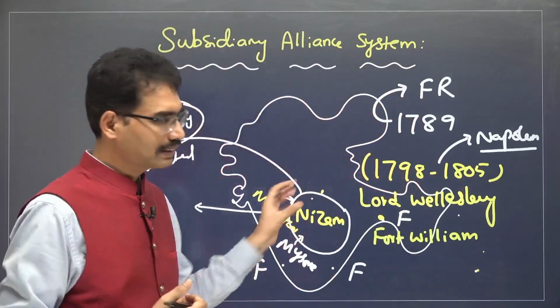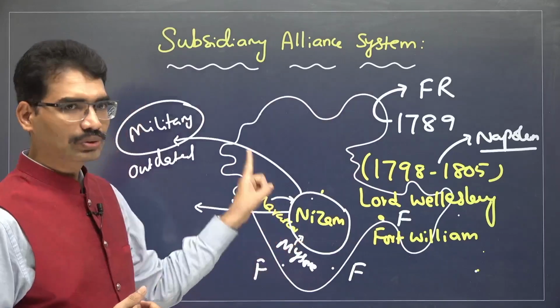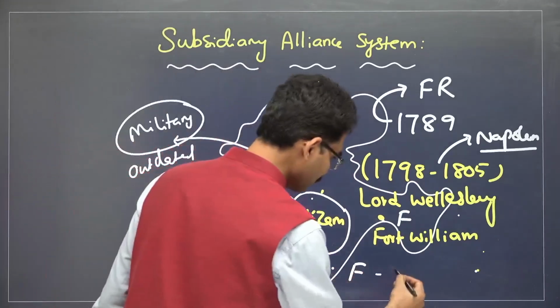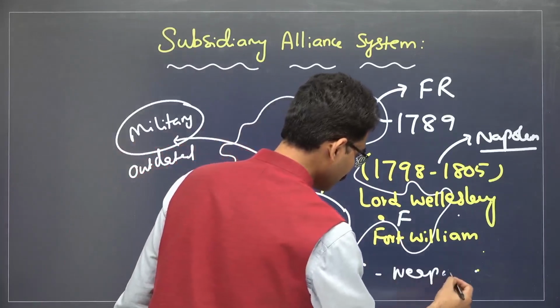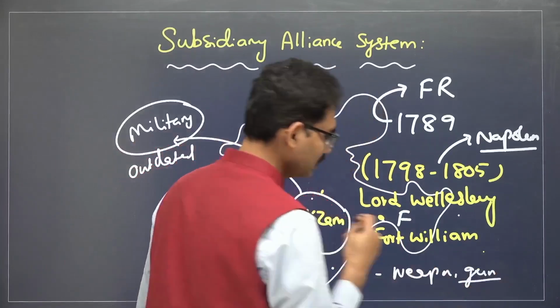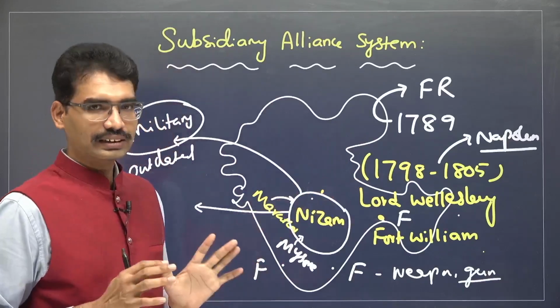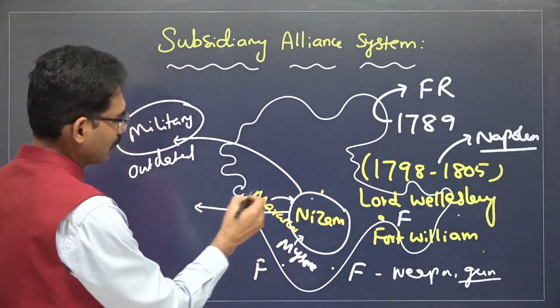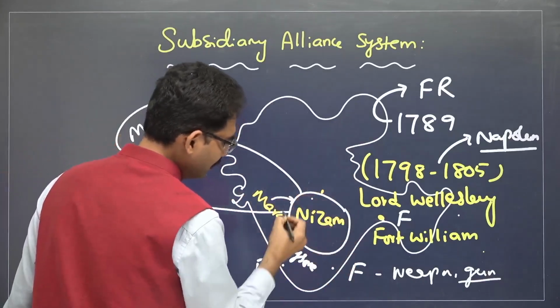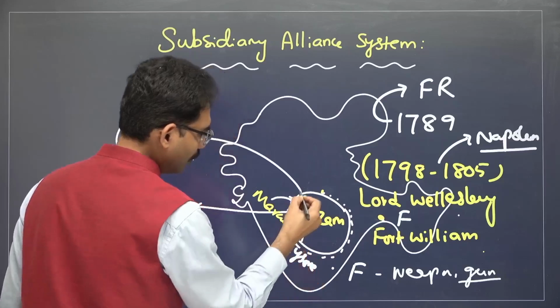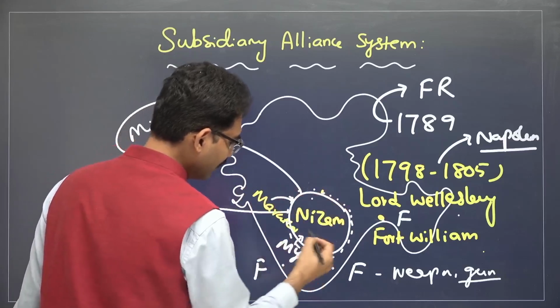But now the things have changed. When it comes to new methods of warfare, they are coming with advanced weapons, guns, their strategies accordingly. Now he designed this strategy that you are outdated military, we provide you security, we protect you from any kind of external aggression.